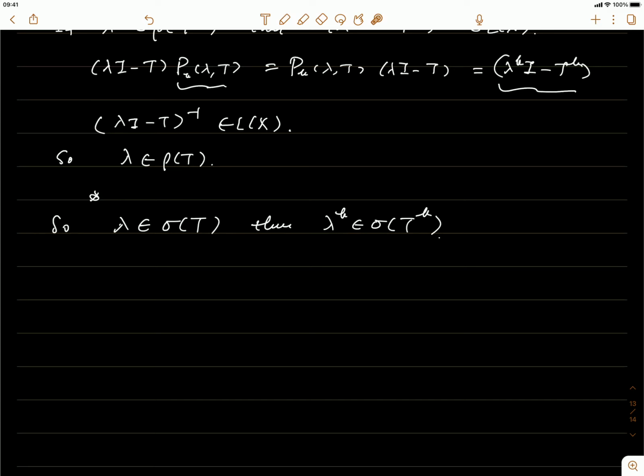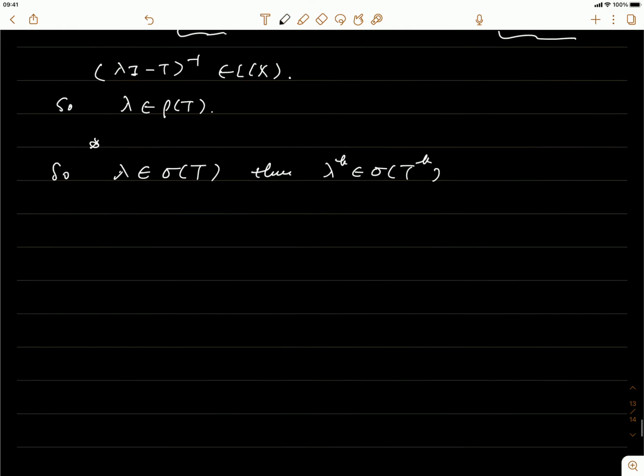Okay. Now, if lambda is in the spectrum, then with the rough estimate we have before, the magnitude of lambda to the k must be less than or equal to the norm of T to the k, right?